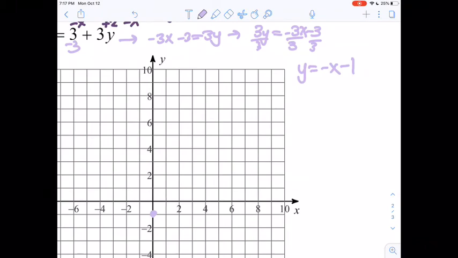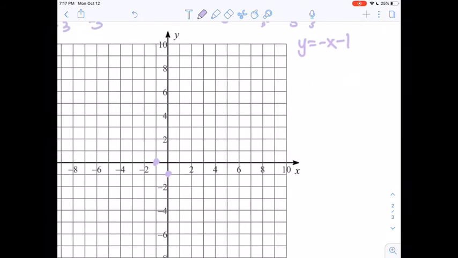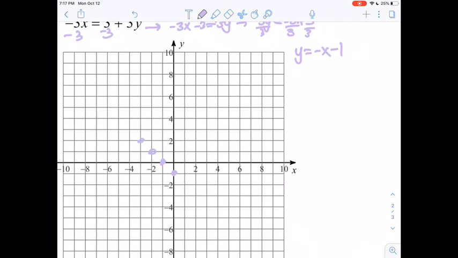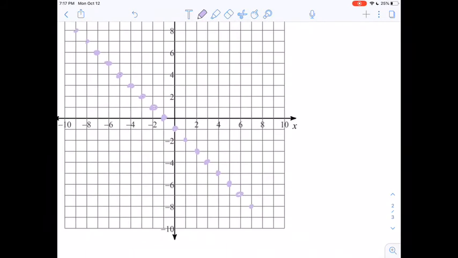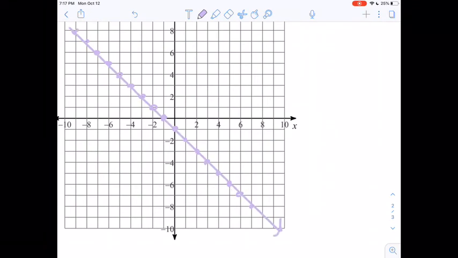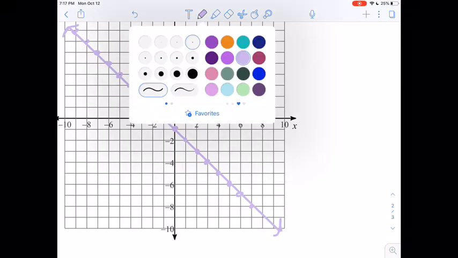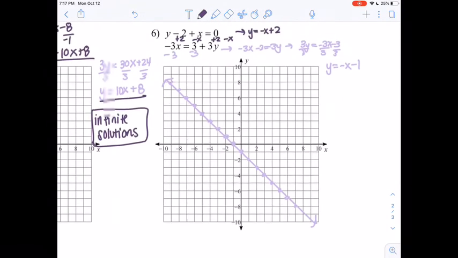Oop, going the wrong way. So I'm going to go up 1 to the left 1. So my points are going to go all the way through. And then I'm going to graph the dark purple line.